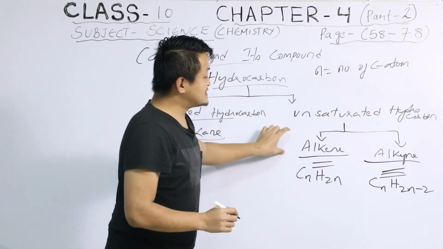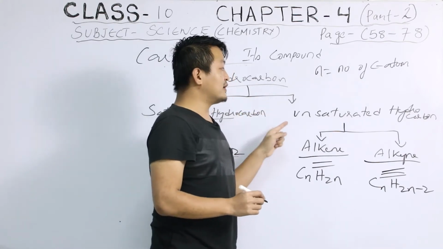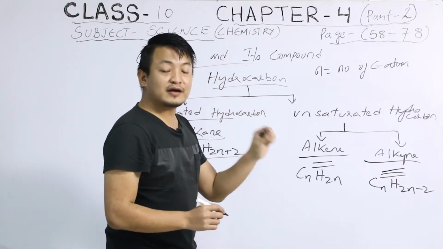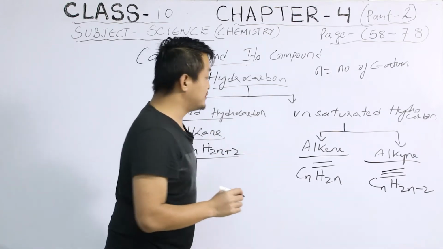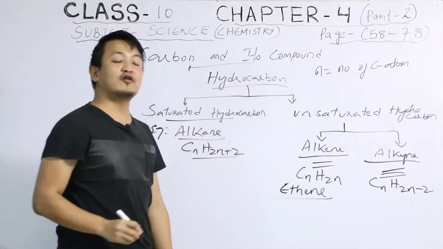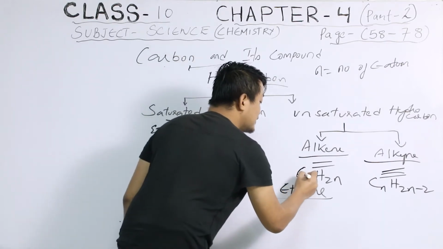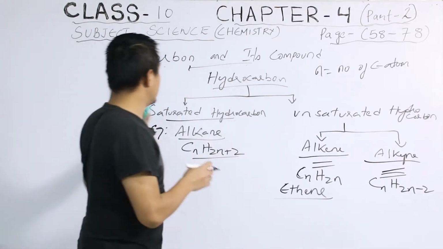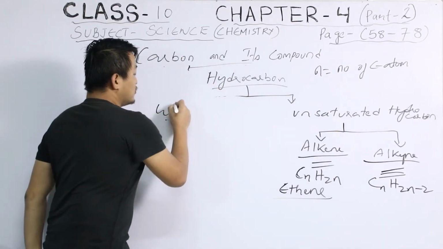Now we'll see some examples regarding alkene. Alkene is a type of unsaturated hydrocarbon where there is a double bond between the carbon atoms. The first member of the alkene family would be ethene. Students, let's apply the formula and see an example.